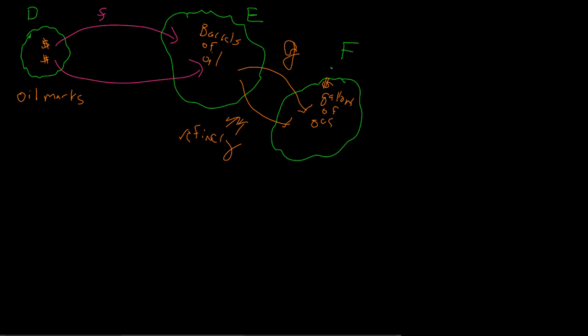There are different levels of product that are made out of those crude barrels of oil. And that process is very complex. There are people who spend their whole careers doing that, and the functions that drive G for the efficiency of making barrels of oil into gallons of gas are extremely complex.